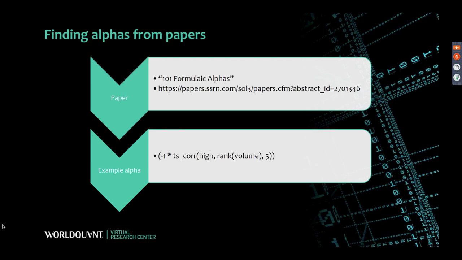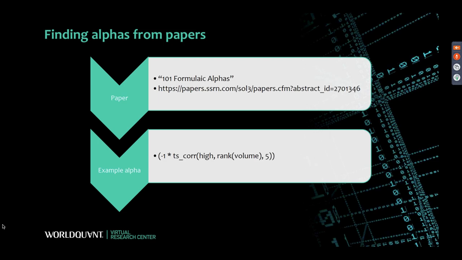So the idea is if 2 values are correlated, that means that they tend to be proportional to each other, I would say. So it tends to be that a high price usually comes with a high rank of volume, and a low high price comes with a low rank volume.